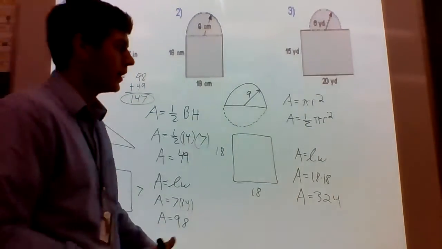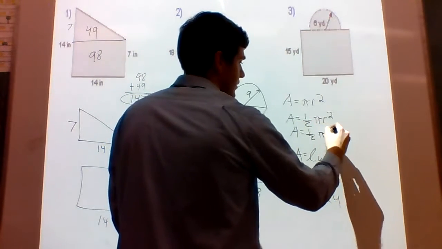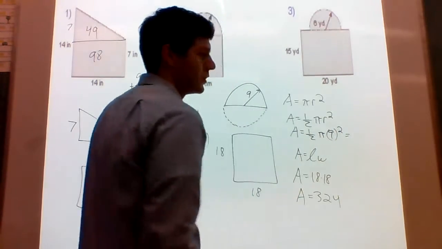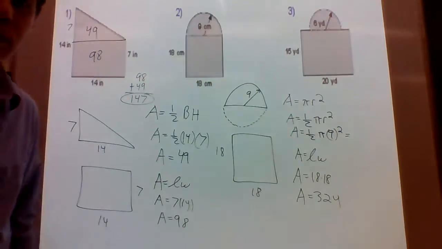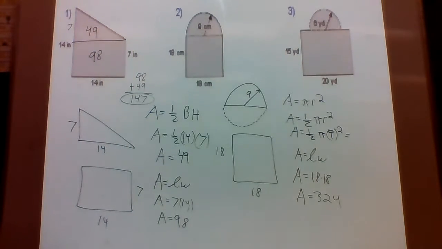Okay, so we have area is 1/2 pi times 9 squared. Okay, and we can just plug that in our calculators. It's going to end up being 81/2 times pi. So let me put that in. I don't remember the exact answer. I think it was like 157 or something like that.